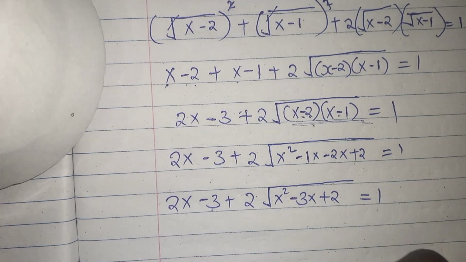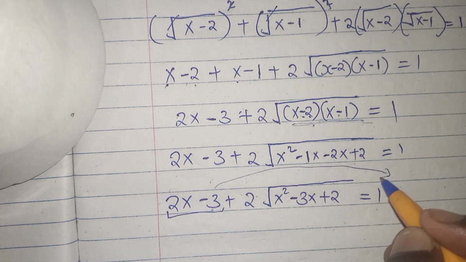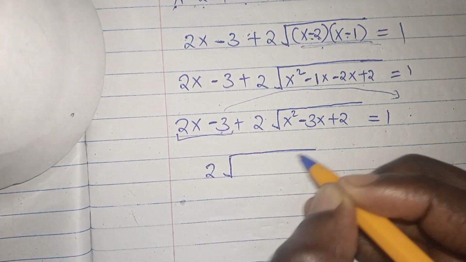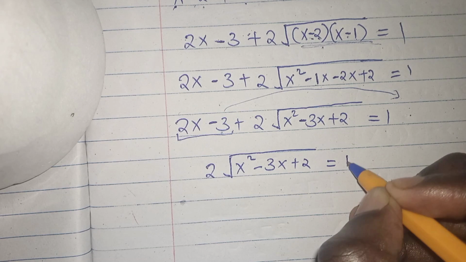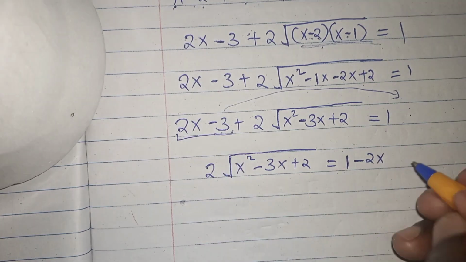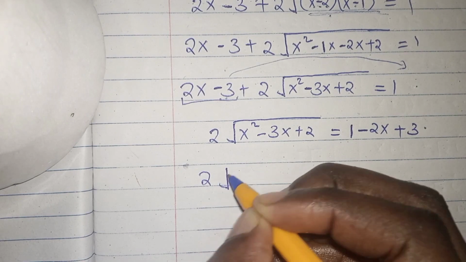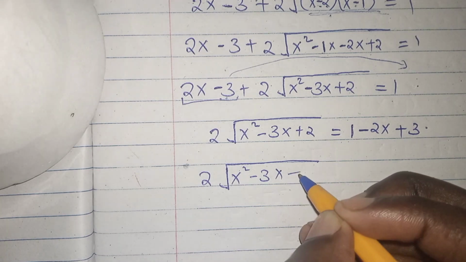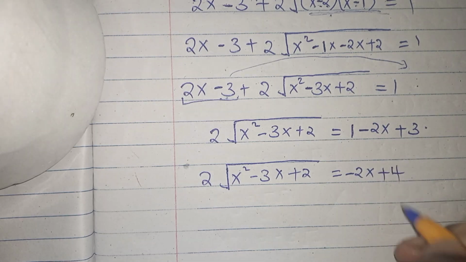So our next step, let us now bring this to our right hand side. So we are bringing this to our right hand side. So this will be 2 square root of x squared minus 3x plus 2 is equal to 1 minus 2x, -3, this becomes plus 3. So 2 square root of x squared minus 3x plus 2 is equal to -2x plus 4.